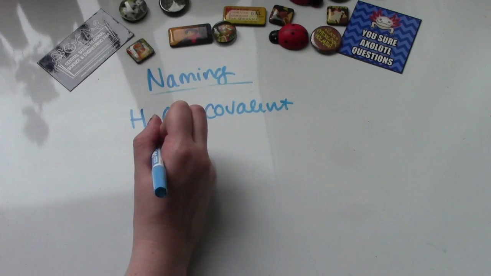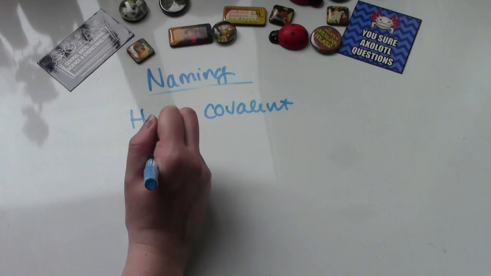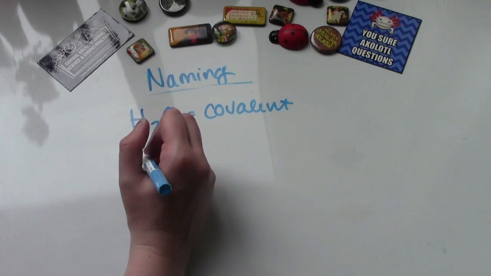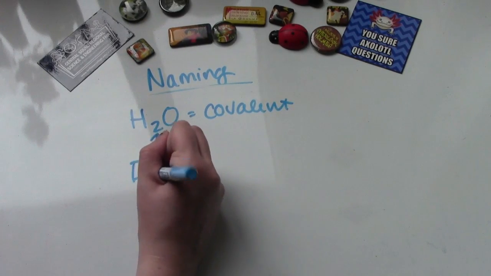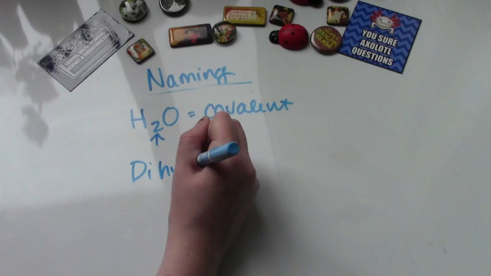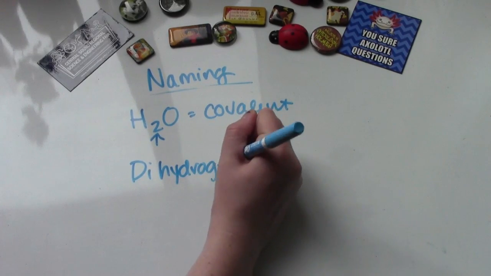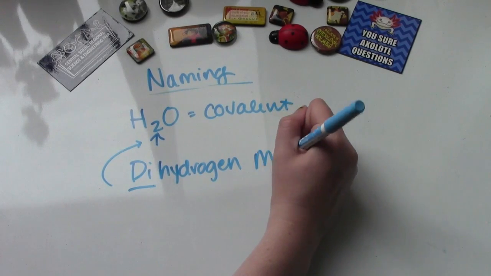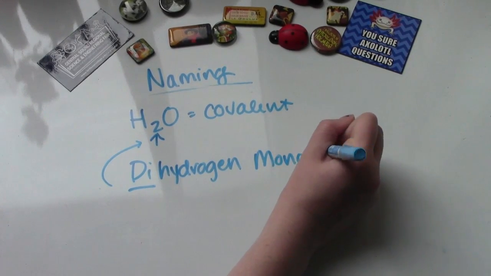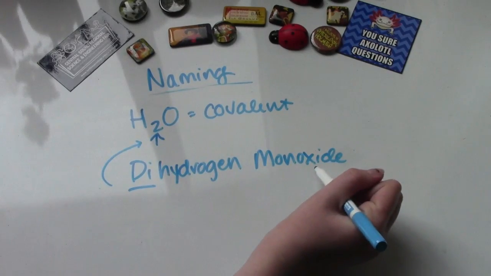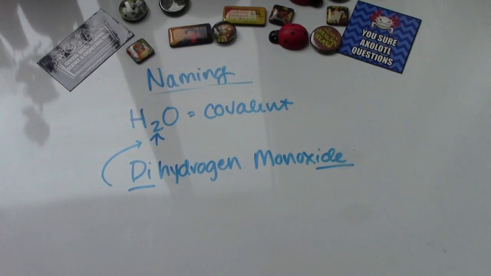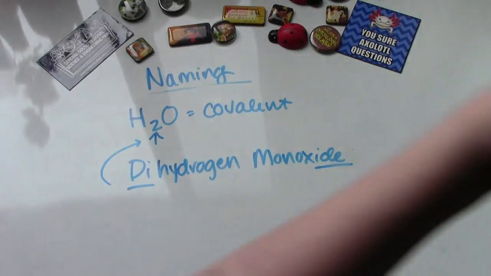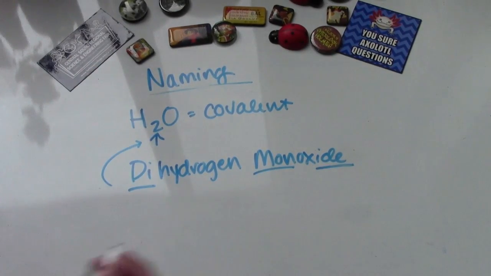Covalent compounds always use numerical prefixes. So in this case, it'd be dihydrogen. The di showing that there's two of them. Monoxide. The oxygen has "ide" at the end. And mono means that there's just one.